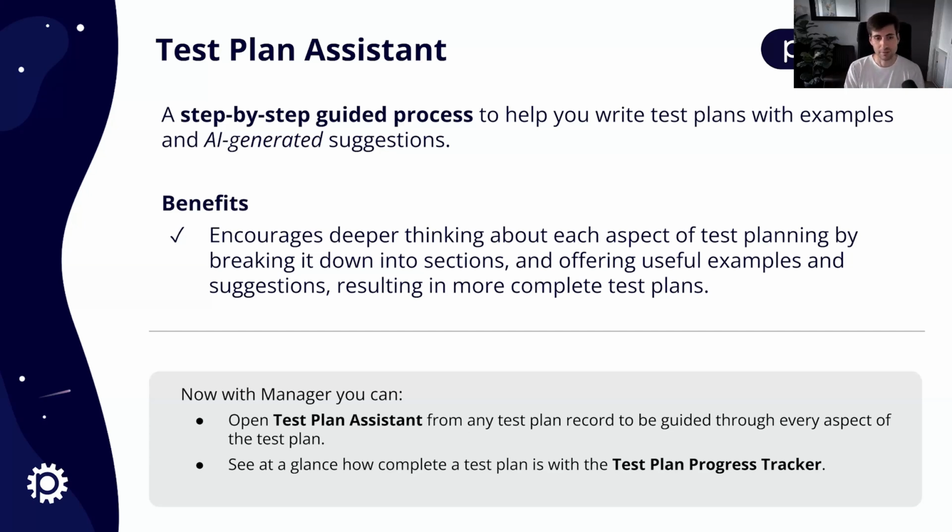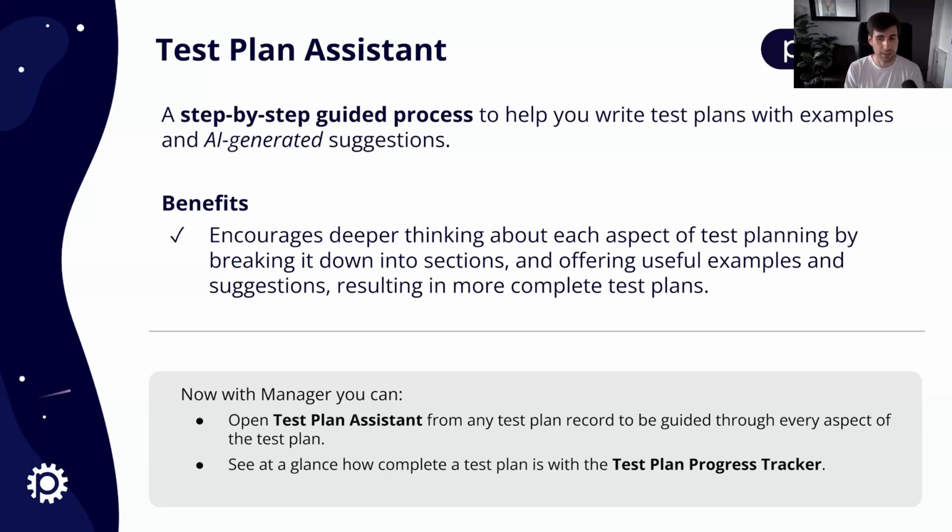Instead of just browsing around and being presented with a blank space where you are meant to fill in some information, we're now helping you write those test plans with examples, and we also use AI to generate some suggestions based on what you've completed so far.